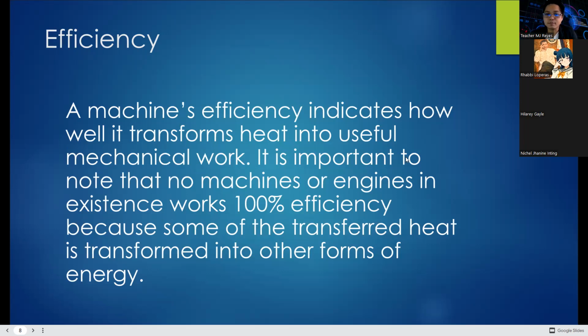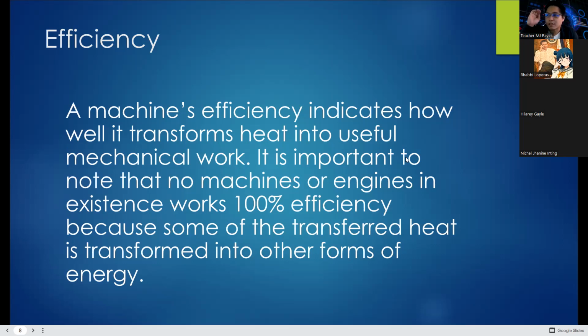It is important to note that no machine or engine in existence works at 100% efficiency, because some of the transferred heat is transferred into another form of energy. Even in our present time, there is no engine that is 100% efficient.